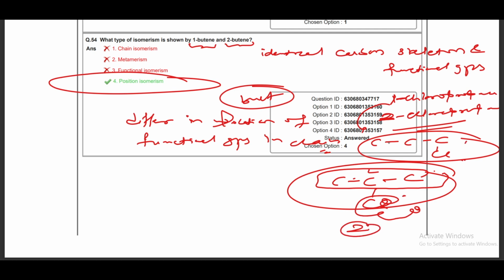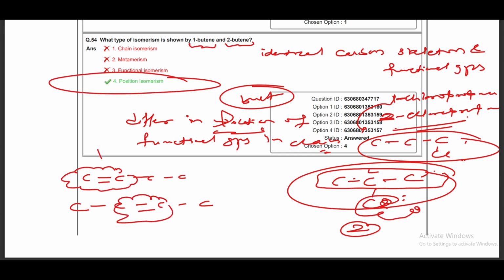So 1-chloropropane and 2-chloropropane are both position isomers because the location of chlorine is changed. Similar happens in the case of 1-butene and 2-butene. In 1-butene the double bond is at the first position, and in 2-butene it is at the second position, so the position of the alkene double bond is changed.